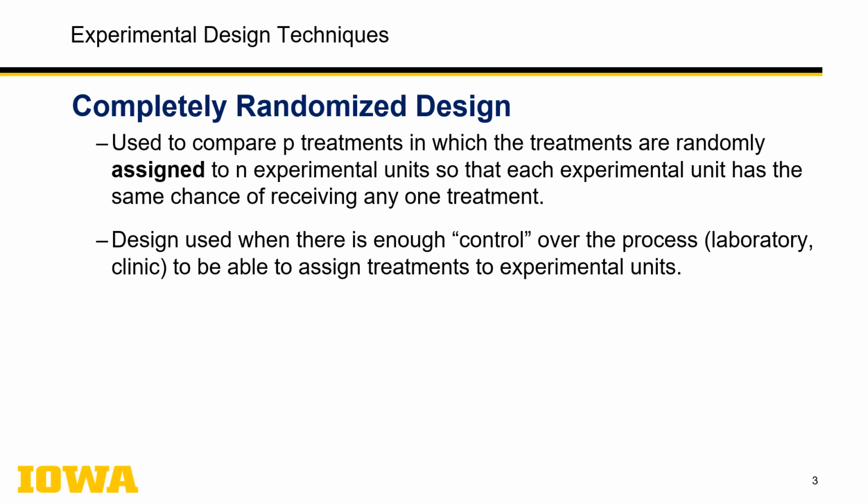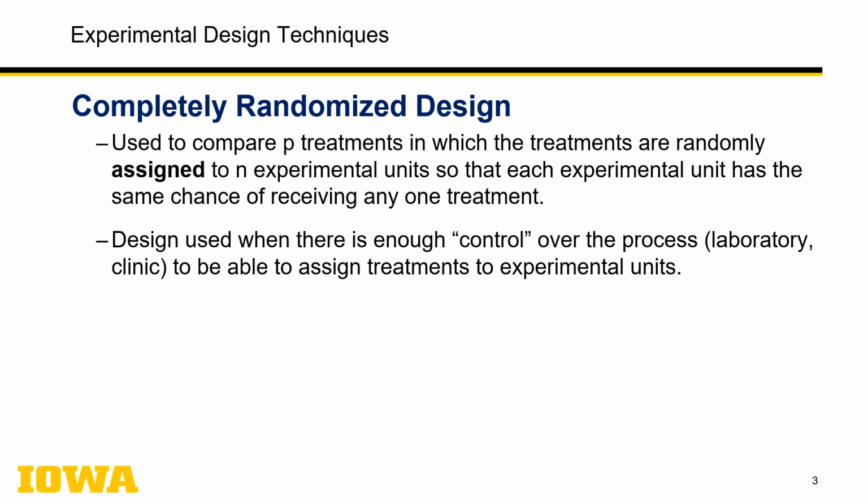So with a completely randomized design, you want to compare a number of treatments that are going to be associated with the number of factors and their number of levels, as already described, which will tell you how many treatment combinations you have, and that you have the ability to apply these treatments randomly to these experimental units, which are the situation that will give you the number you're looking for, and that each experimental unit has the same chance, therefore, of receiving any one of these treatments.